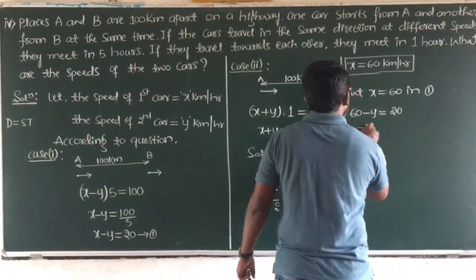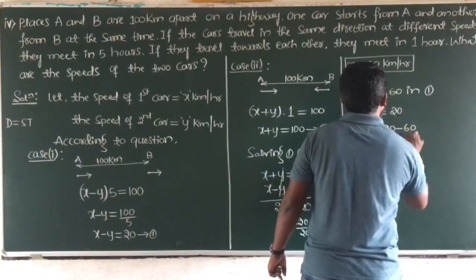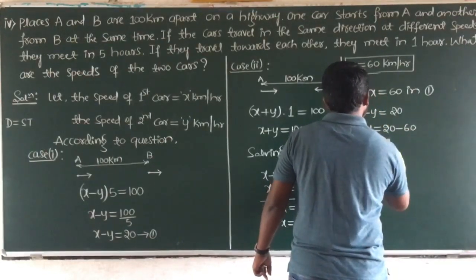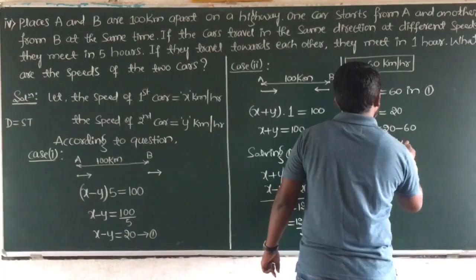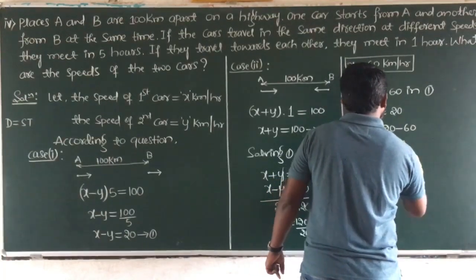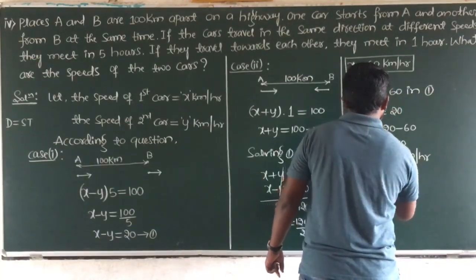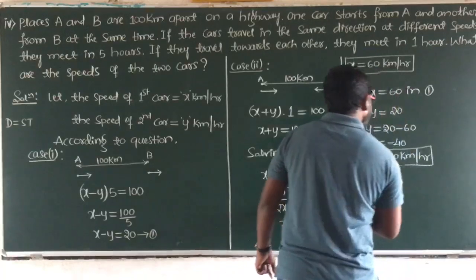Now minus y equals 20 minus 60, minus y equals minus 40, so y equals 40 kilometer per hour.